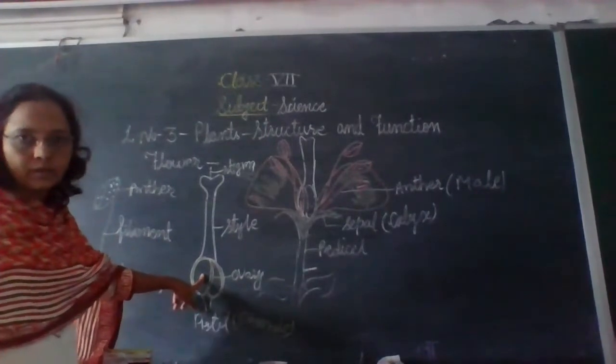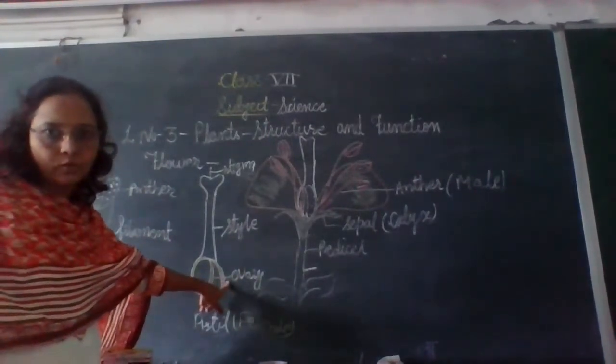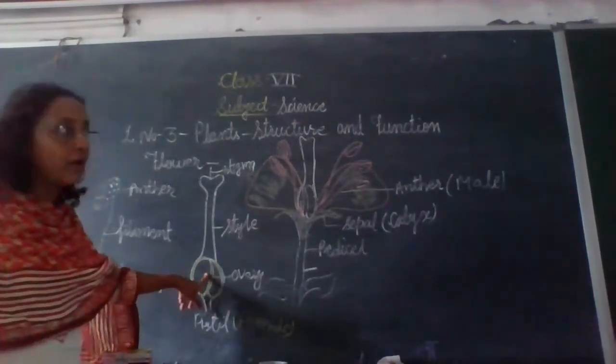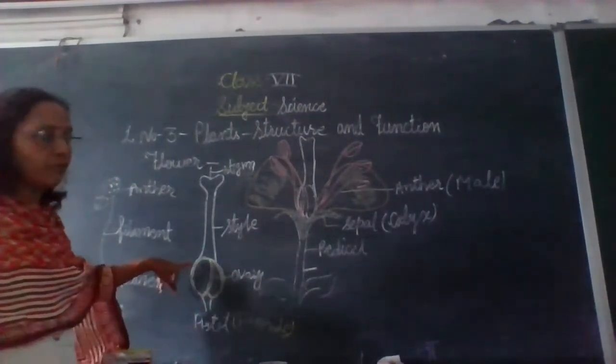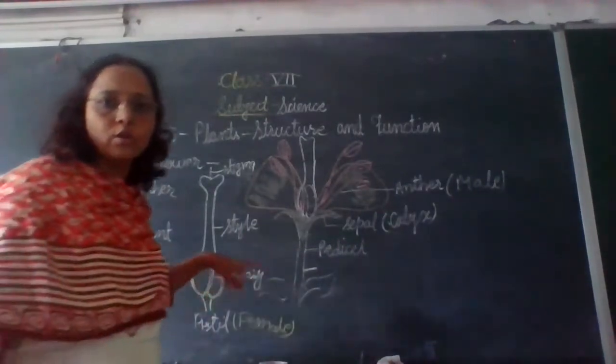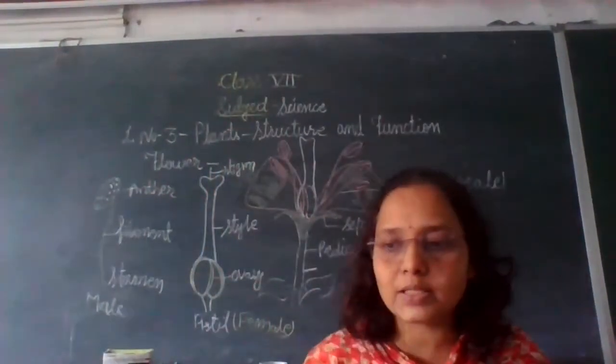Ovules form the seeds of the fruit, the ovary forms the fruit, and the ovary wall forms the fruit wall. So that is how the formation of fruit takes place.